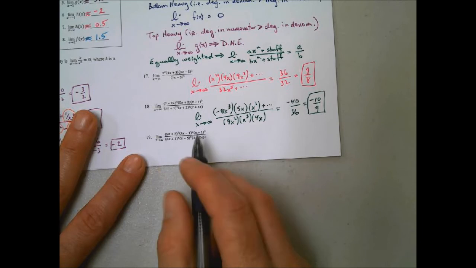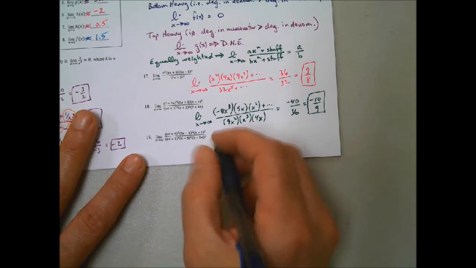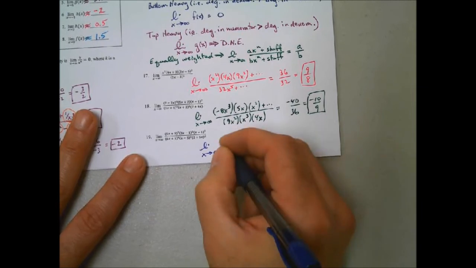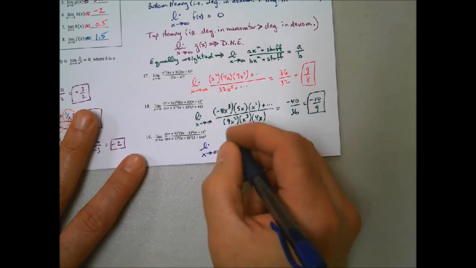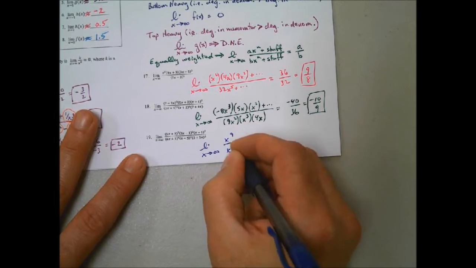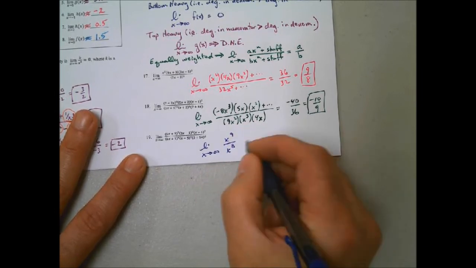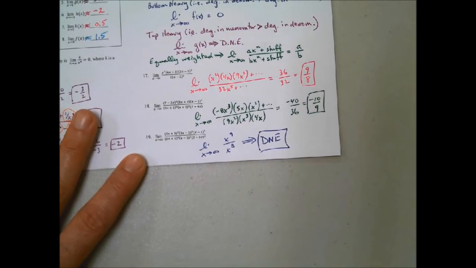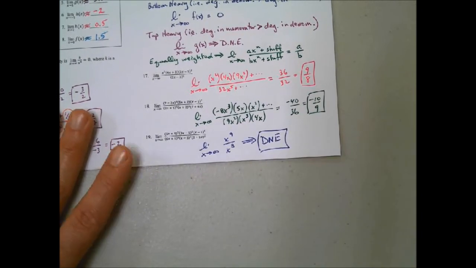That's x to the 8th. This one, we've got x to the 9th over x to the 8th. It's top heavy. The limit does not exist.